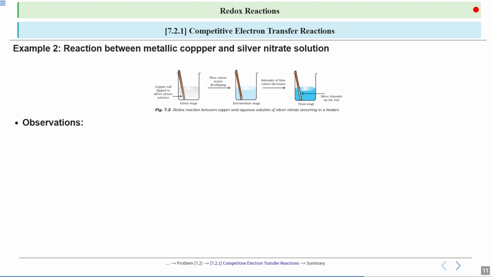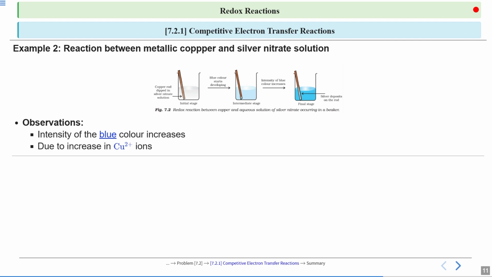So what are our observations? If we consider the intensity of blue color from the initial stage to the final stage, we will find that the intensity of the blue color increases. And why has this happened?